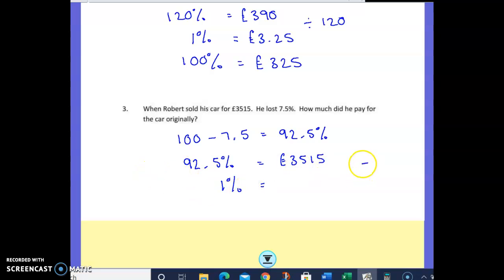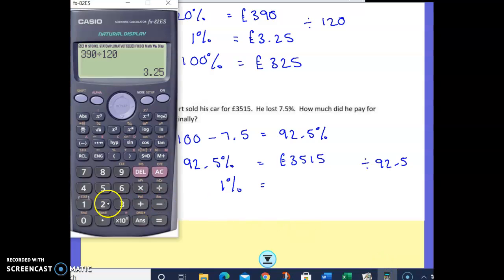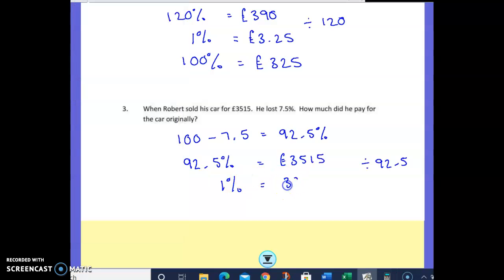To get 1%, I need to divide by 92.5. 3515 divided by 92.5 is 38. To get 100%, I want to multiply by 100, so I get 3,800. Okay, that's how you would do it with a calculator.